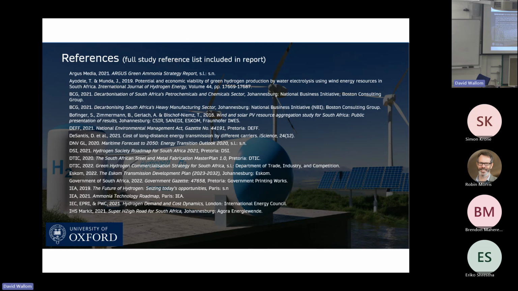Yeah, I think that's a really interesting point. When I was building this model, I was essentially assuming all of the electricity transmission lines you'd need would be new build, because the current South African grid is basically constrained, particularly in the regions where you have the highest renewable energy potential.